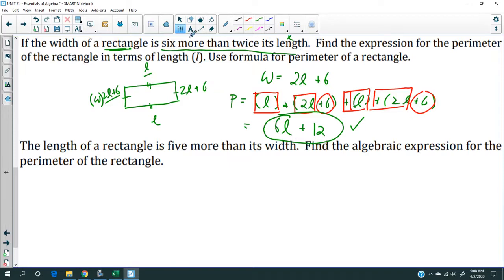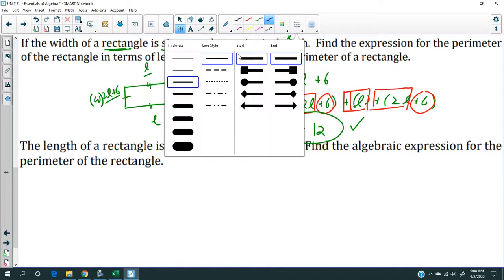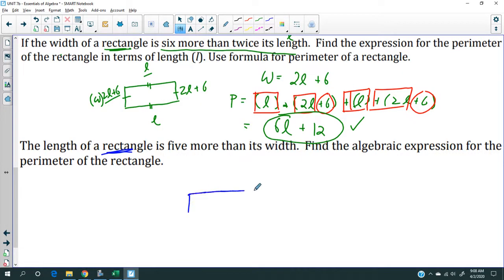All right. So let's see. Now, what does it say? All right, rectangle again. So the length of a rectangle, you got the length, and we got the width of a rectangle, okay? So the length of a rectangle is 5 more than its width.